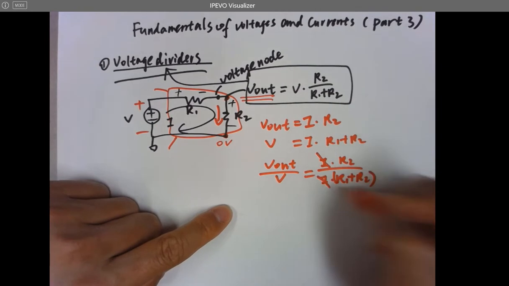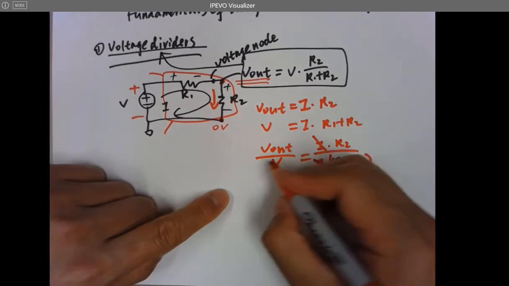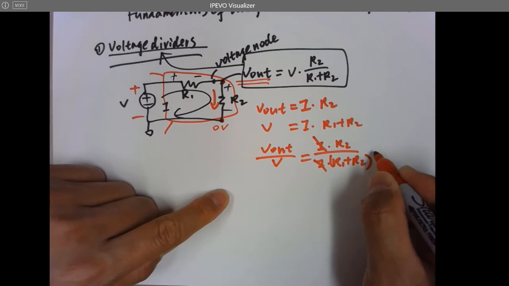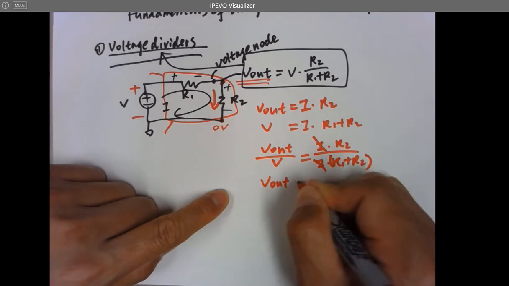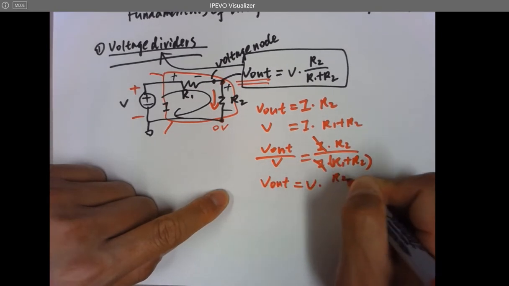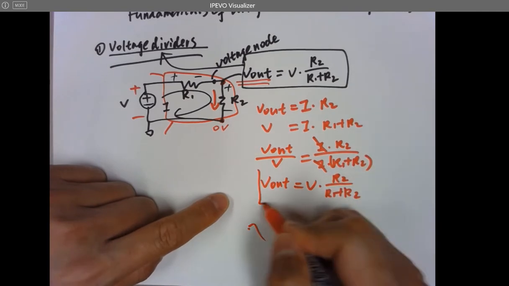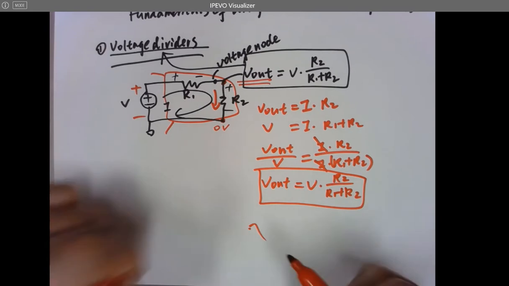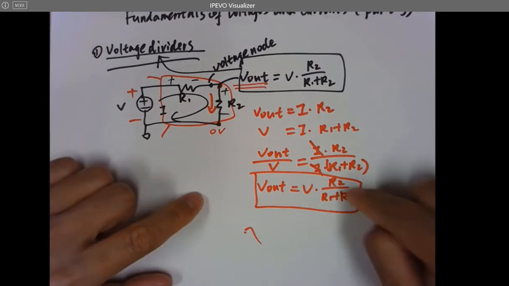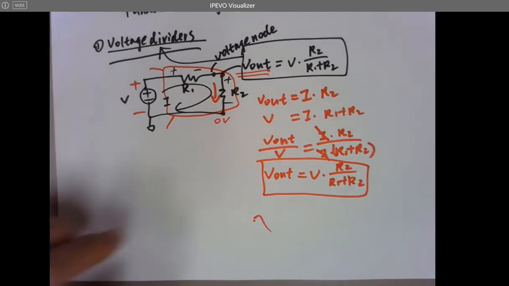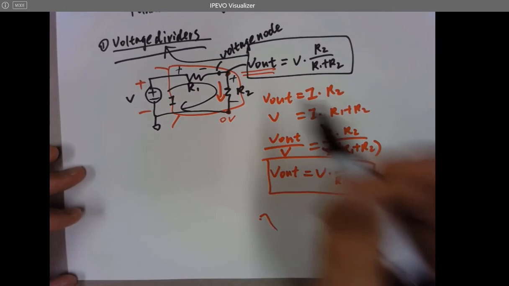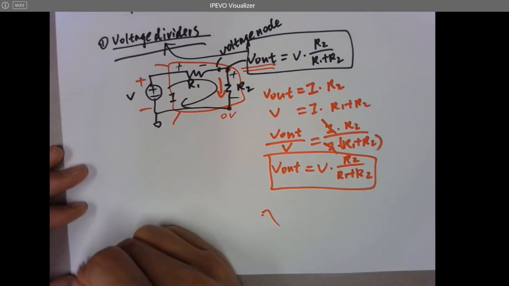And I can be cancelled, right? Then you move V to the other side of the equation, and you eventually get V times R2 over R1 plus R2. So that's the concept of voltage dividers. Compare here to here, they're the same equation. This is a really important equation you want to use in the future.